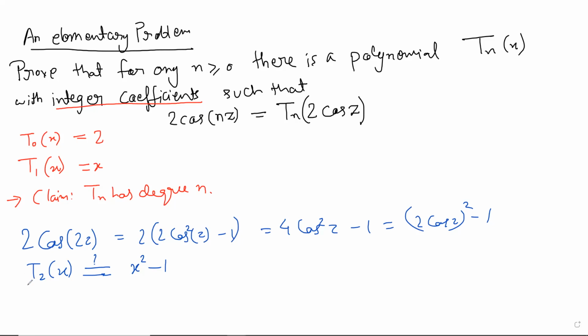So let us just assume that Tn exists for all n from... That can be done, but it will not lead to any insight, I think, into how we can do it.